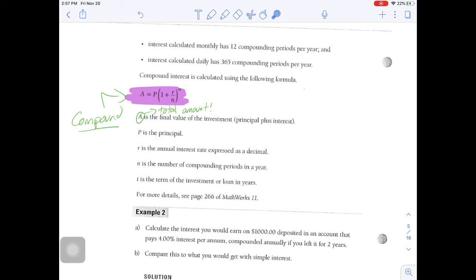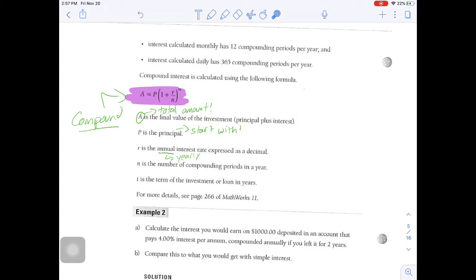P is the principal, so what you start with. R is the same thing, it's the annual interest rate expressed as a decimal. So recognize annual is yearly. N is the number of compounding periods in a year.